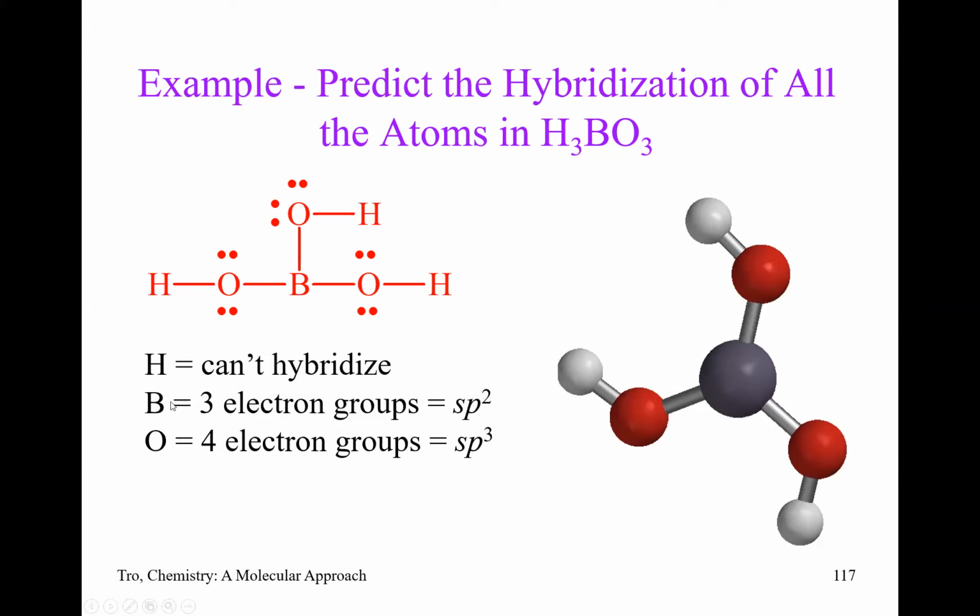And then boron's a weirdo. It doesn't need 8 electrons, but since there's 3 groups around it, and the bonds must be equal, each boron-oxygen bond is identical. And so we only need to mix 3 orbitals, and the leftover p orbital on boron isn't being used in this example. Remember, boron's kind of strange.